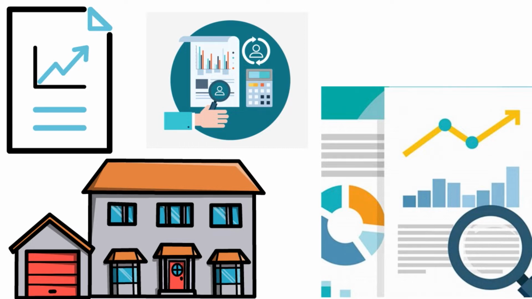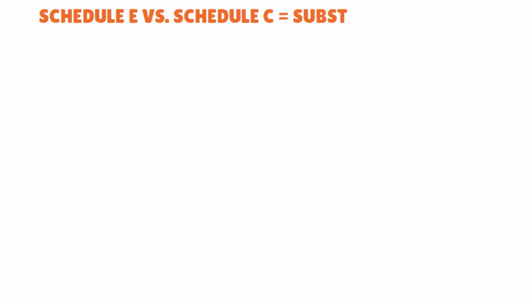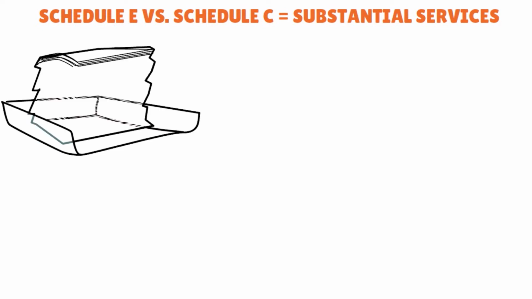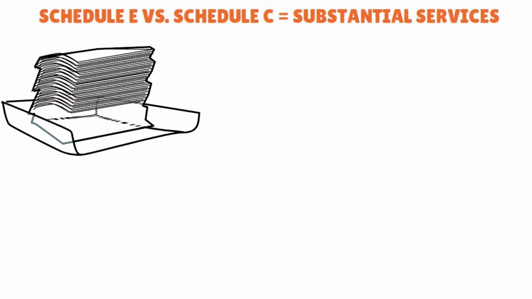Now, what about Schedule E versus Schedule C? I think I kind of explained that a little bit before, but I want to do a little bit on it. So whether you must use Schedule E or Schedule C to report your business tax situation depends on the activities of your business. So in general, let me give you a general rule here.